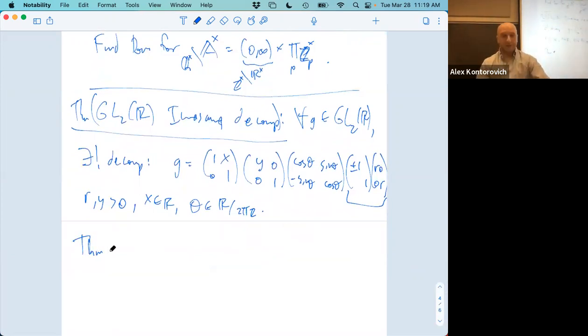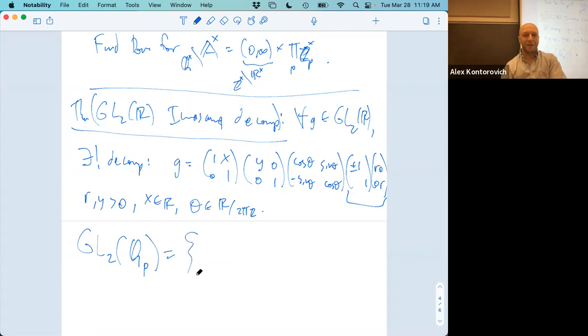All right. So before we do the same thing, let's think about what GL2 of Q_p is. What does that even mean? It's matrices a, b, c, d, where a, b, c, d are in Q_p.